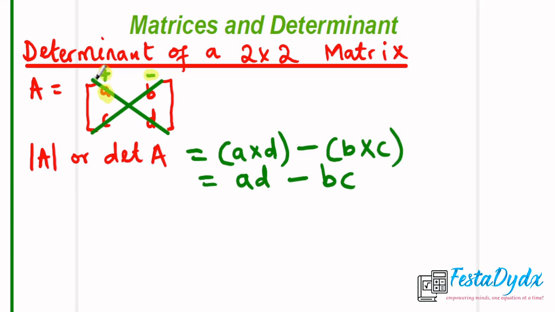That diagonal is A and D, and we multiply them. Then we subtract the second diagonal, which is B and C. So A times D minus B times C gives us AD minus BC.